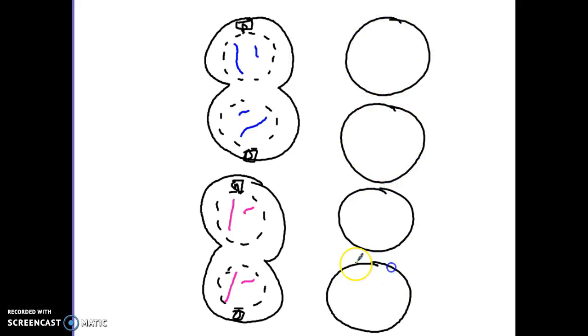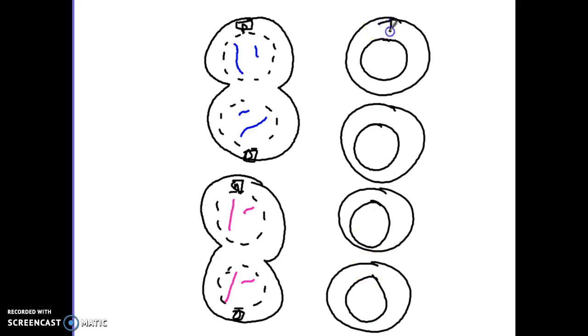We now have 4 gametes that were produced. In each one, the nucleus reappeared completely. Each one only has 1 centriole. And now the contents: it looks like we've only made 2 variations of gametes.